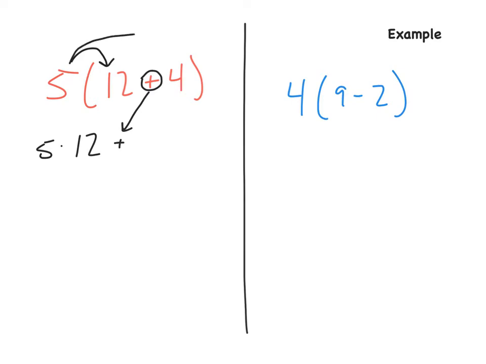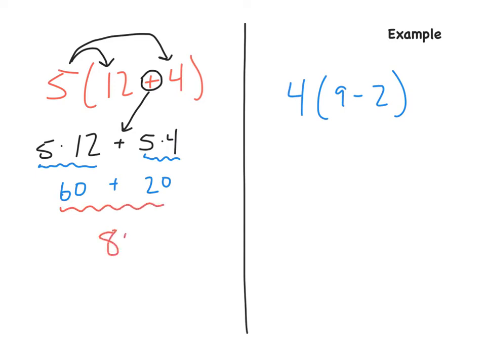Then we do 5 times 4. So now we multiply. 5 times 12 is 60, plus 5 times 4 is 20, and 60 plus 20 is 80. So now what I want you to do is to pause the video, try this one off to the right, and unpause the video when you're ready to see what I've done.